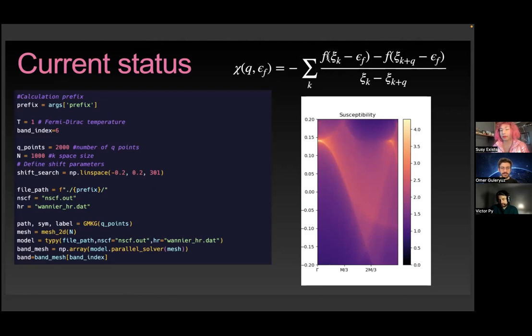This f means the difference between the Fermi function at the K point and at the K plus Q point. We are basically measuring the difference between the two points, and we are trying to answer the question: are there any two-point pairs which are correlated to each other?